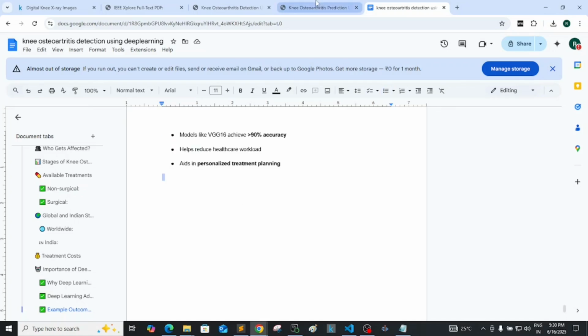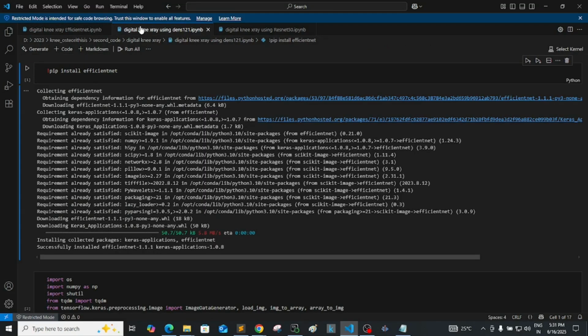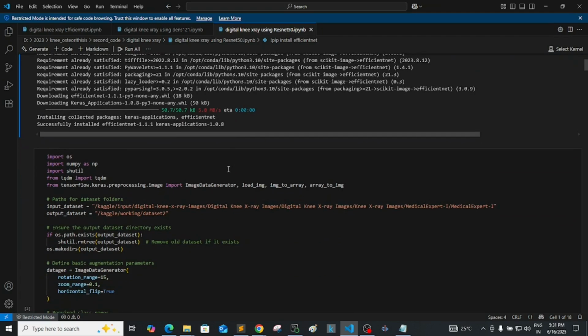Now I will tell you how we build the project. For example, we have built 3 different models: EfficientNet, DenseNet 101, as well as ResNet 50. We can also build hybrid models combining 2 to 3 models, which can give better results.